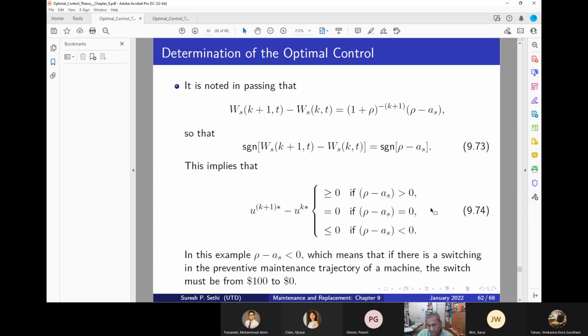It will be constant if it is equal to 0, and it will decrease if it's less than 0. Most of the time, you want this to be true. So we want to assume this to be less than 0, which we already did. Which means that control can switch from 100 to 0, stay at 100, or stay at 0. There are only 3 possibilities. Okay, we already talked about that before.